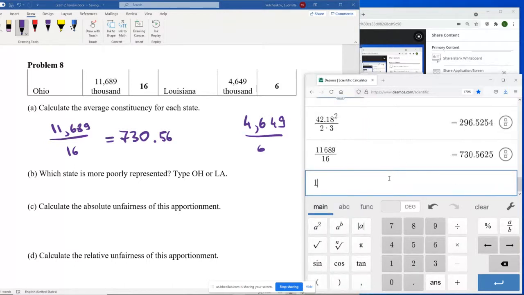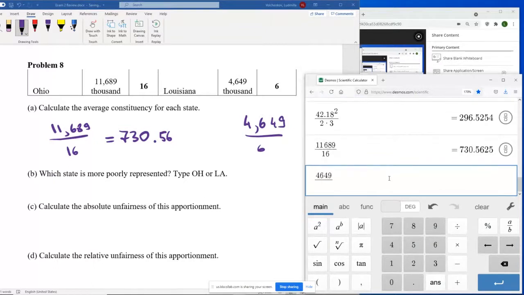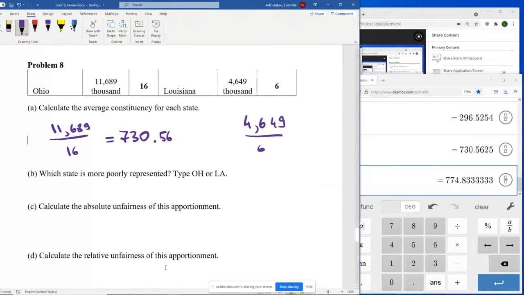And the second one, 4649 divided by 6. You know what the numbers should be approximately, something about 700 something. So 774.83. More poorly represented: remember, the greater the constituency, the more poorly represented. 774 is greater than 730, so the second state is more poorly represented.